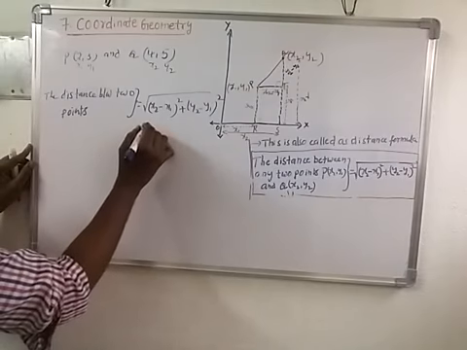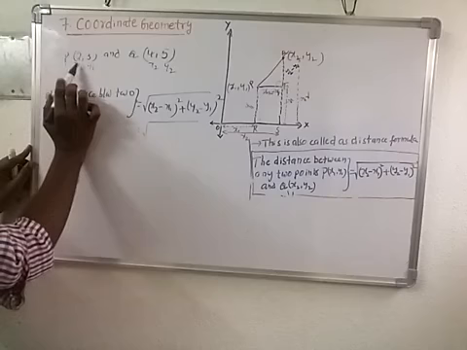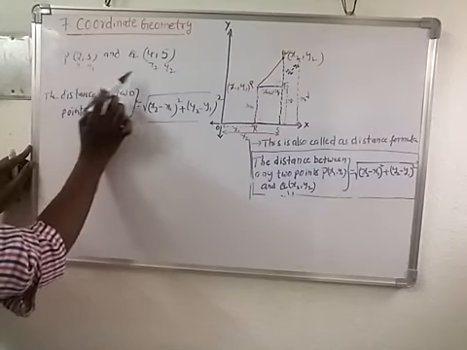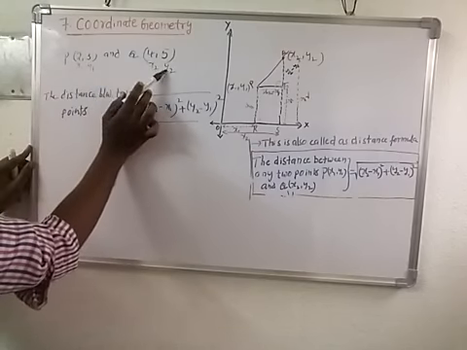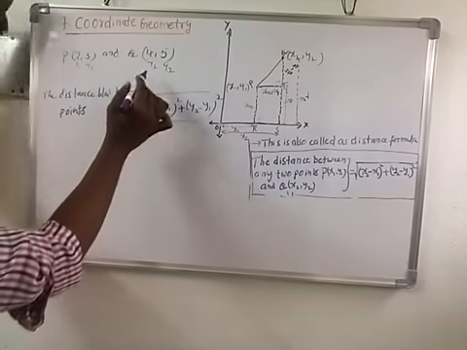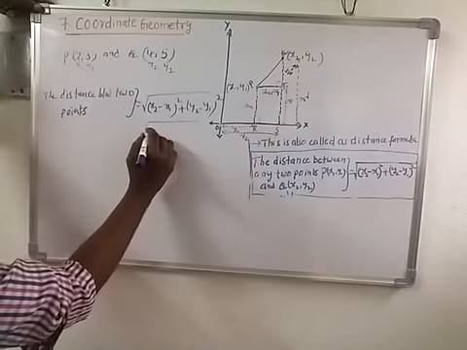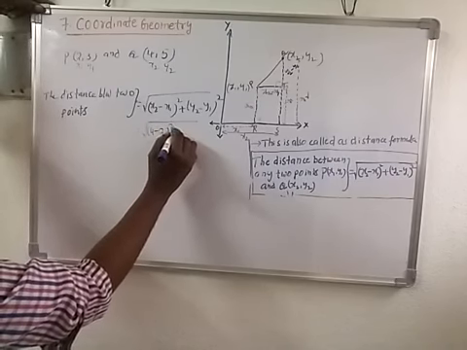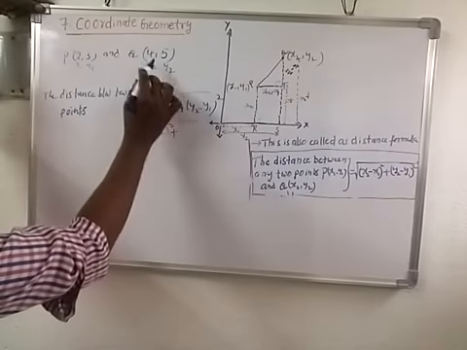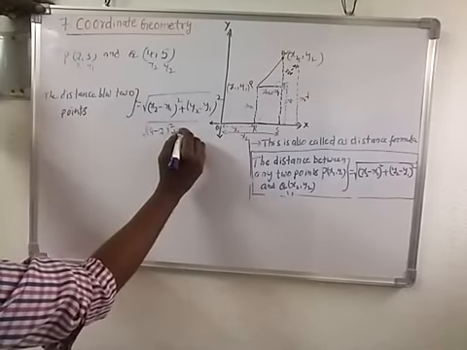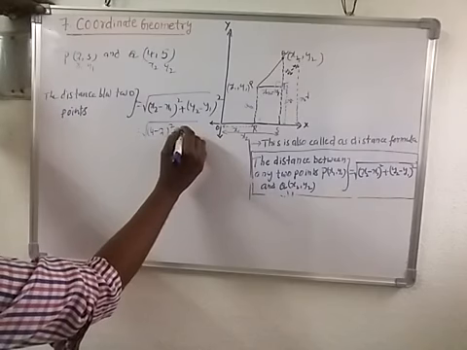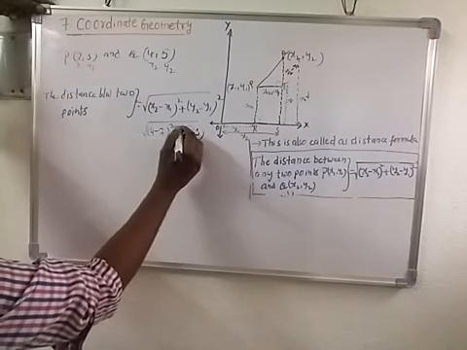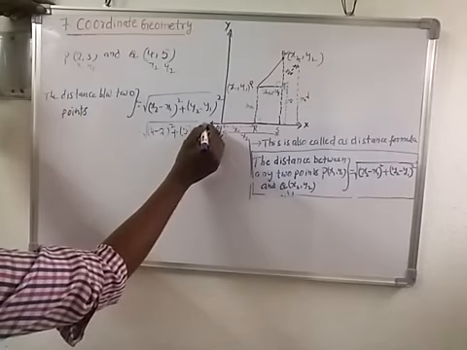So that is equal to the square root of, x1 is 2, y1 is 3, x2 is 4, y2 is 5. So x2 minus x1, that is 4 minus 2, whole square, plus y2 minus y1, that is 5 minus 3, whole square.